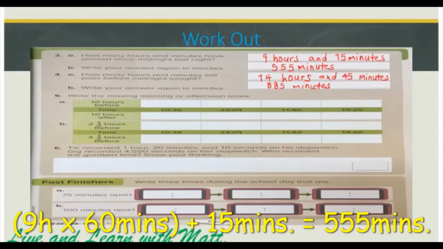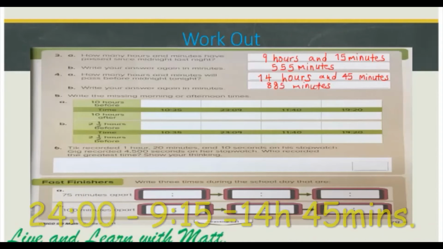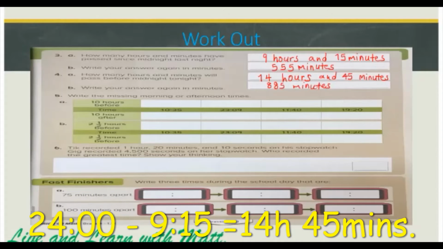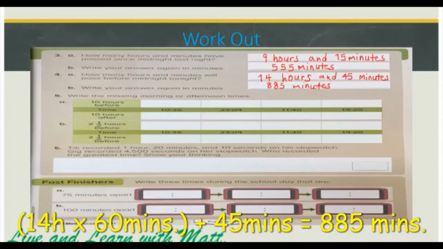That will be 555 minutes. Number 4A, how many hours and minutes will pass before midnight tonight? That will be 14 hours and 45 minutes. 4B, write your answer again in minutes. That will be 885 minutes.